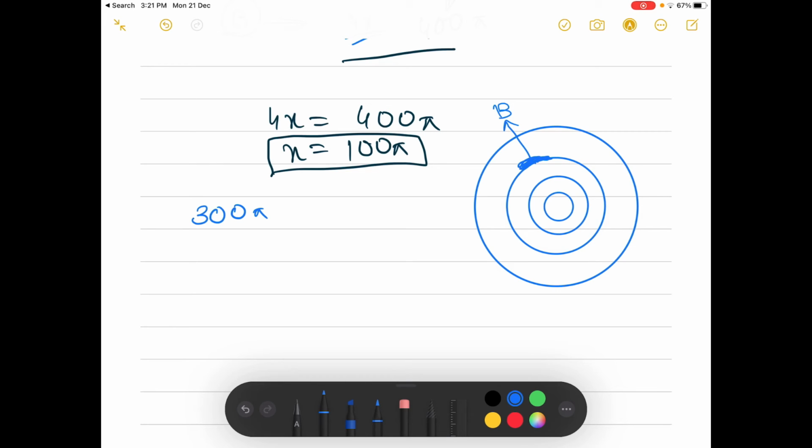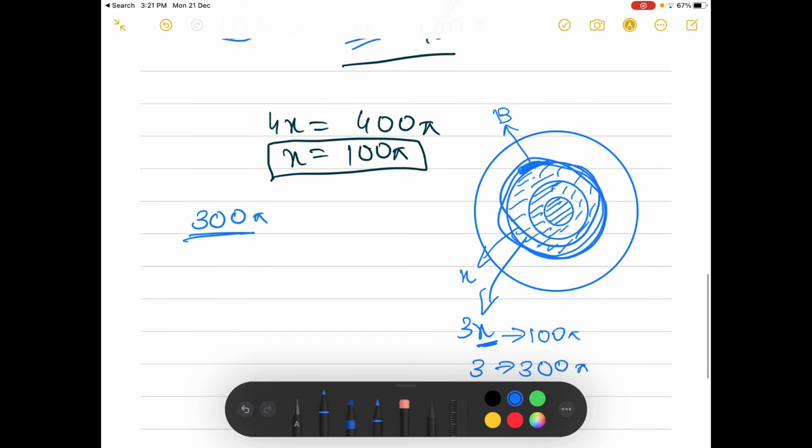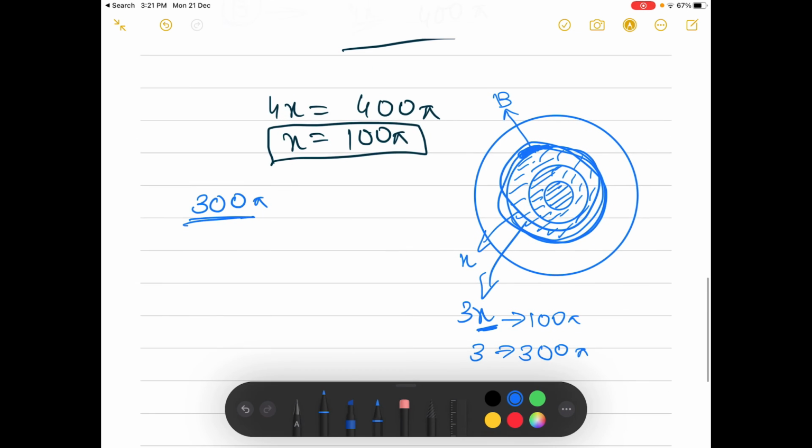So this constitutes the area of this area, and this area, which are all equal, and each of them is X. So the total of them is 3X, and we know X is 100 pi. So 3 times of them would be 300 pi. So this area is 300 pi.